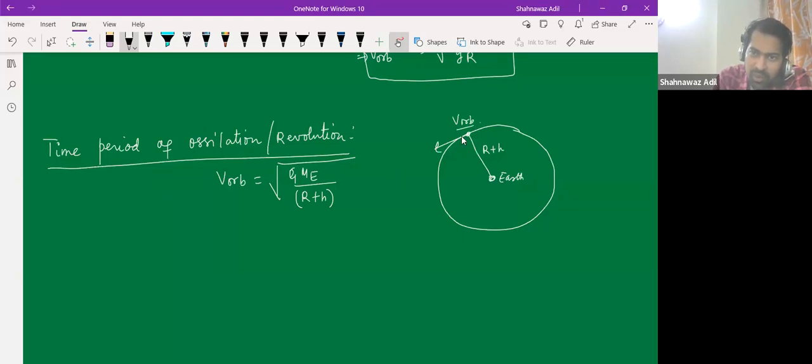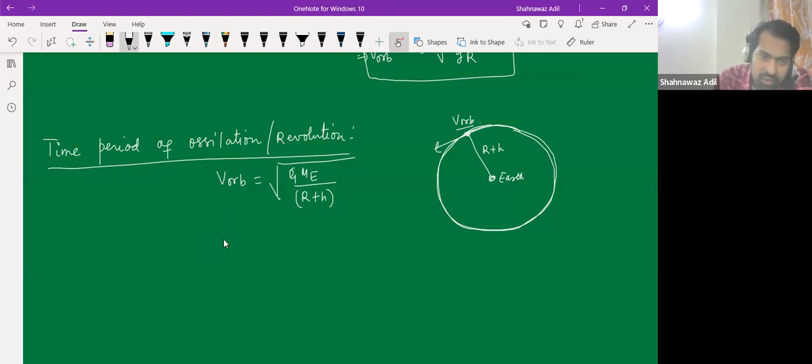In one full rotation, what is the angle that it covers? 360 degrees, right? So in a full 360 rotation, it covers 2 pi angle.